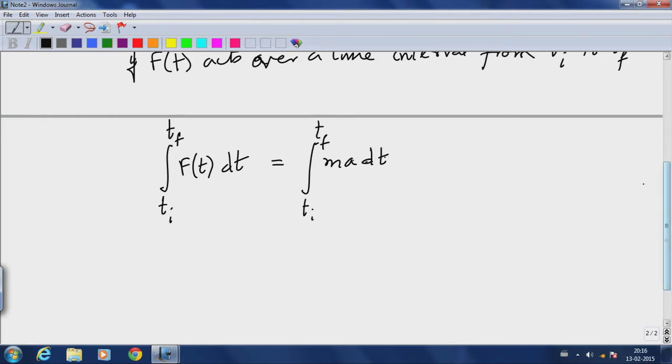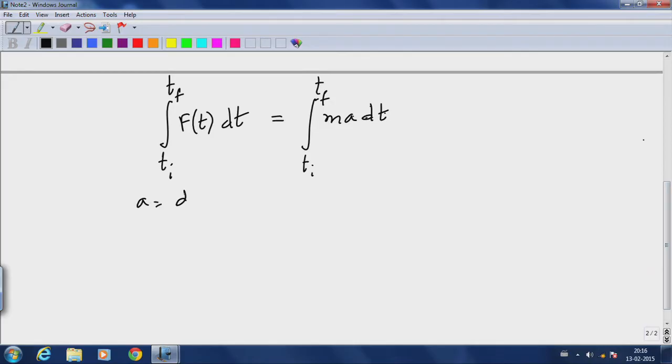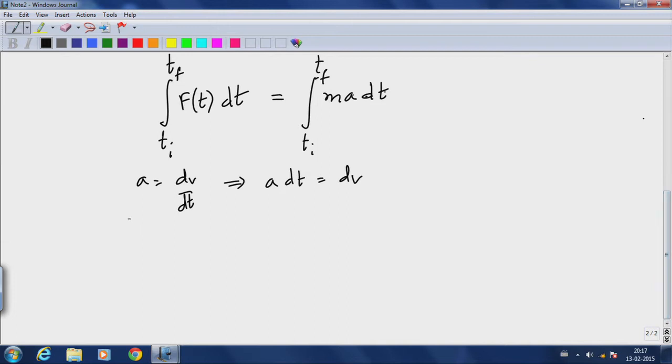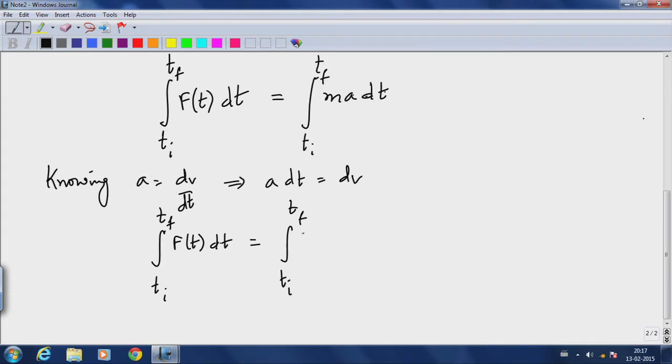okay. Now, knowing that a equals dv/dt, this is the basic definition of acceleration, implies a dt can be replaced with the change in velocity. So, this means the integral from ti to tf of F of t dt equals the integral from ti to tf of m dv.